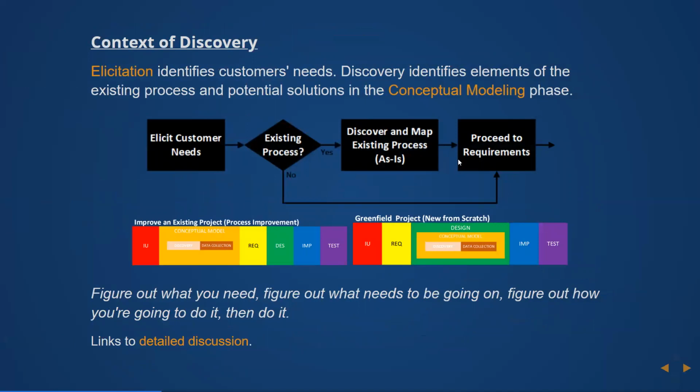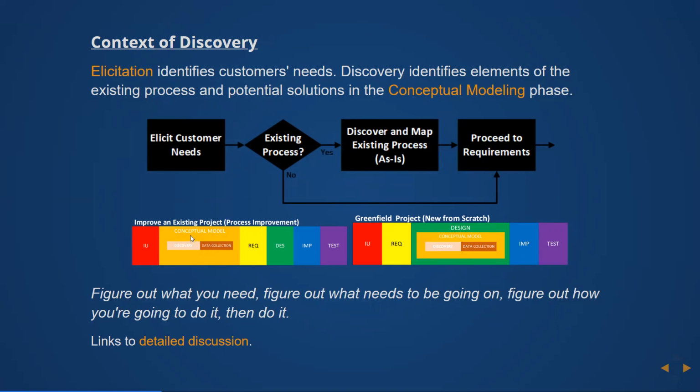So if we have an existing process or environment that we want to improve, or a product that we have that we also want to modify in some way, then we will start from the intended use and go ahead and figure out what's going on now.